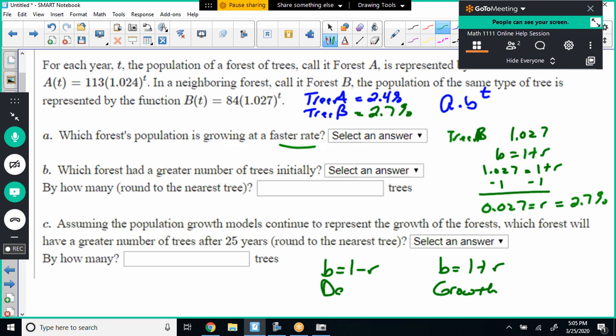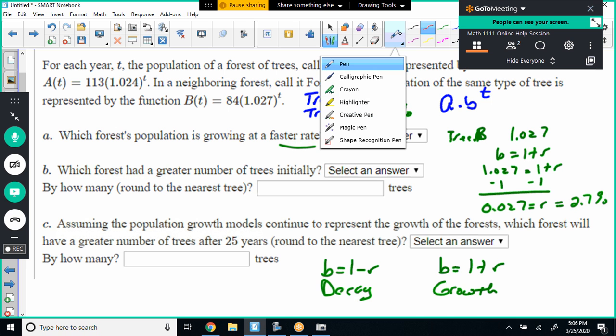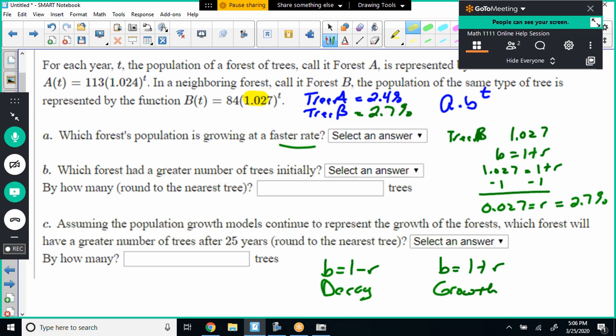Now, if you look at the bases, 1.024 and 1.027, who's the biggest? The biggest base is 1.027. So which population is growing at the faster rate? It would be forest B. Does that make sense?